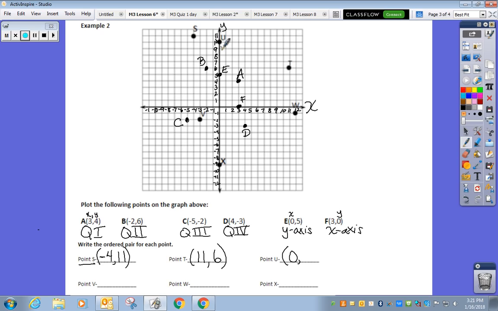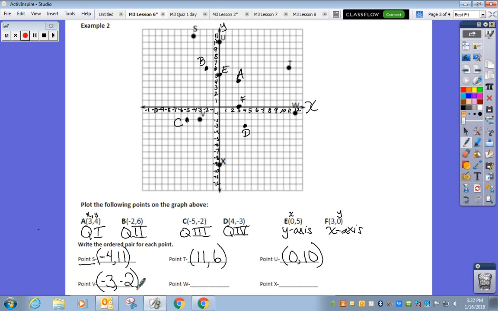To get up to it, I had to go up 10, so it's 0, 10. Point V is located right here. Starting at the origin, I have to move over to negative 3 to be above it. So it would be negative 3. Go down to the point and across to the y-axis and see it hits at negative 2. So negative 3, negative 2.